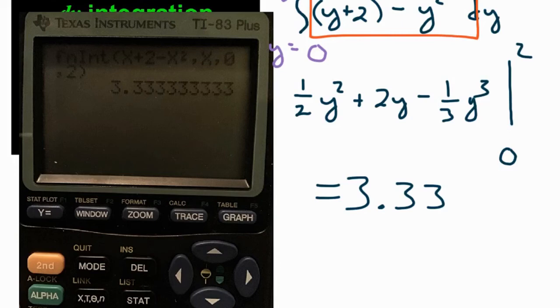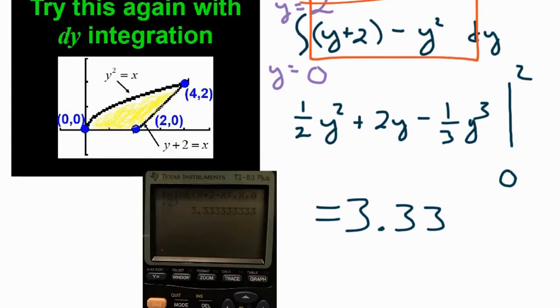So a dy integration works out the same, but when and why would I use this? Why would I want to draw horizontal strips in a problem? Well, the answer is actually quite simple. It's so you don't have to subdivide. And the reason I didn't have to subdivide is because the right-hand graph was consistently always the linear graph, and the left-hand graph was consistently always the nonlinear graph.